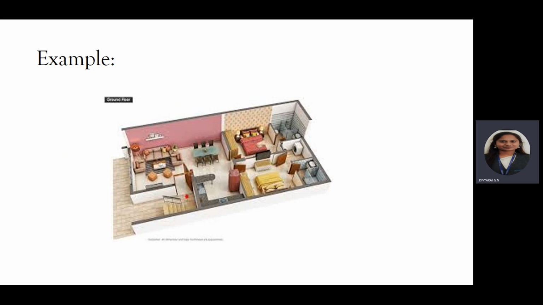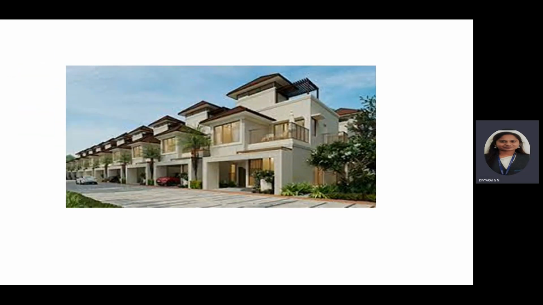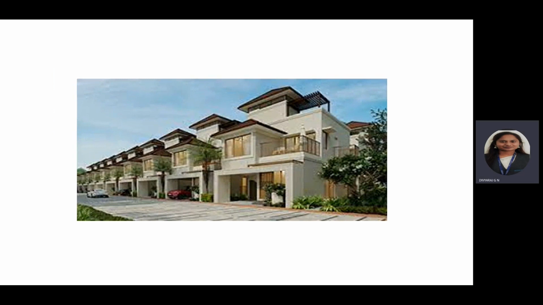It is just a map, a blueprint of your construction. Using this blueprint, you can build houses like this. With one single blueprint, you can construct n number of houses.